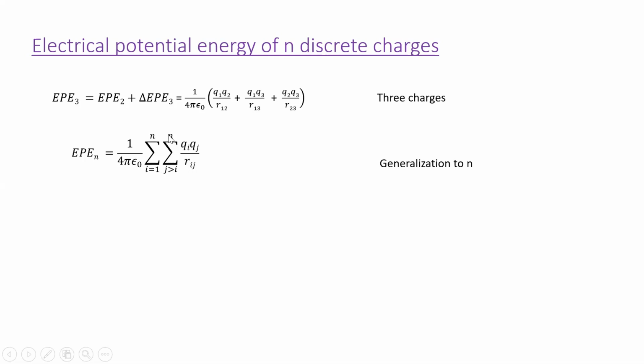Okay, so just to make that clear, let's apply that to the case of 3. So if I is going from 1 to 3, if I is 1, then j could be 2 or 3, since j greater than I up to n would be 2 or 3. So we'd pick up Q1, Q2, and Q1, Q3, and then I would go to 2, and we'd pick up j greater than I would be just 3, and so we'd pick up Q2, Q3 here.